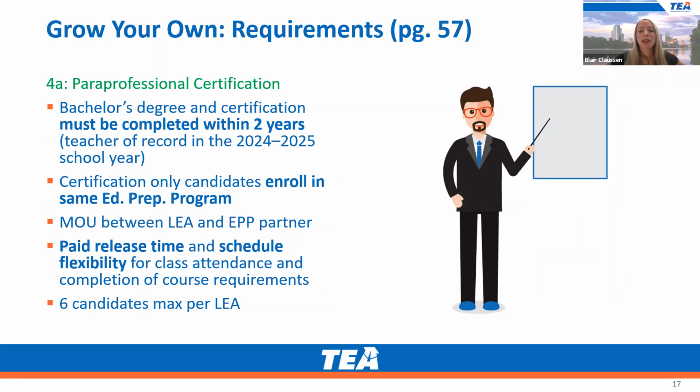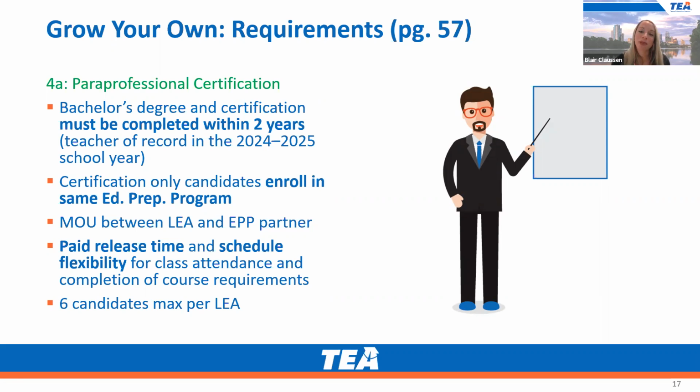For requirements specific to the paraprofessional certification support, candidates will need to be able to finish their bachelor's degree and certification within the grant timeline, which would be summer 2024. So just be cognizant of that, because that's a big one to be thinking about. Paraprofessional candidates seeking only the certification should all be enrolled in the same educator preparation program.